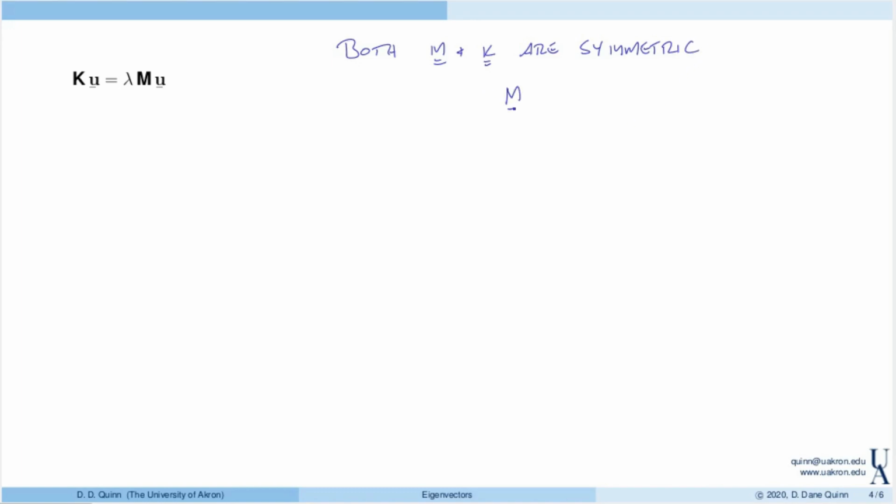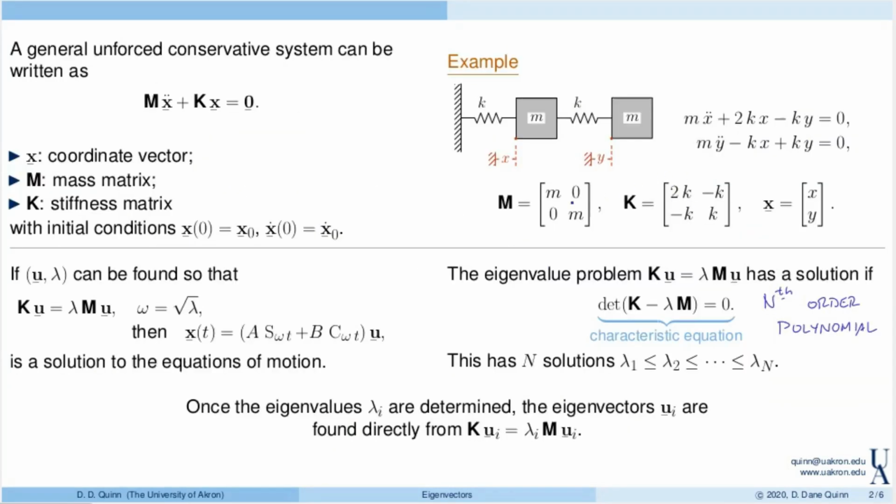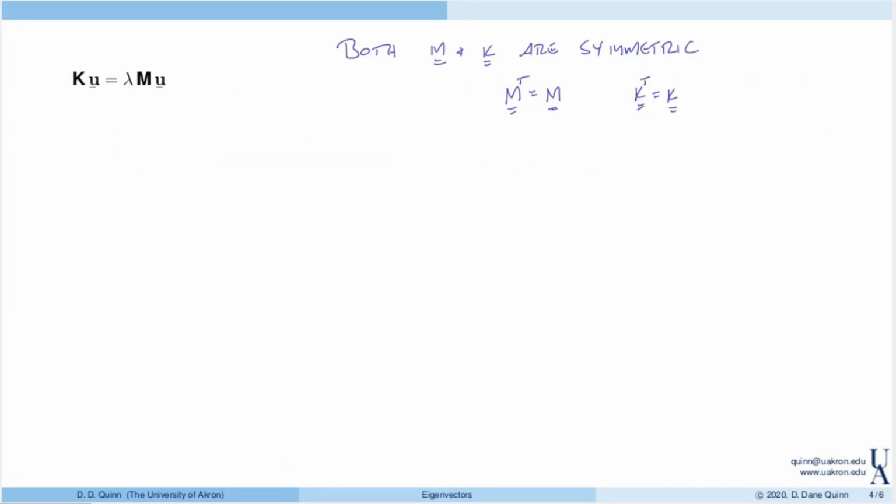So that means that M transpose equals M and K transpose equals K. So the elements off the diagonal are symmetric. Let's go back and look at the example that we had. M here is definitely symmetric. Both of these are 0. But even K, where they're non-zero, these two off-diagonal elements are the same.